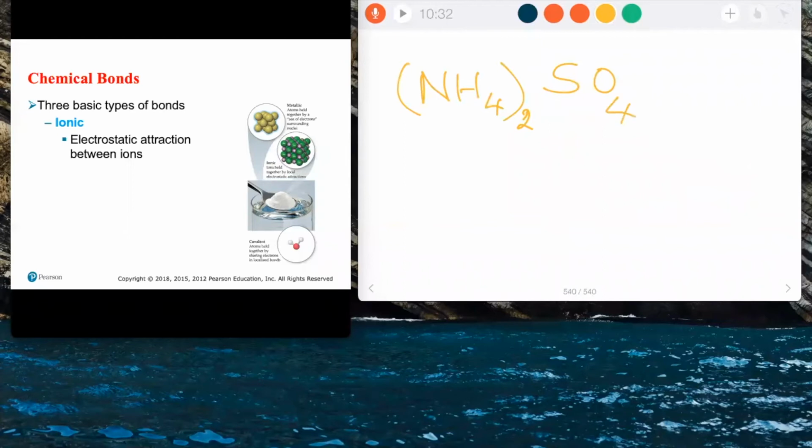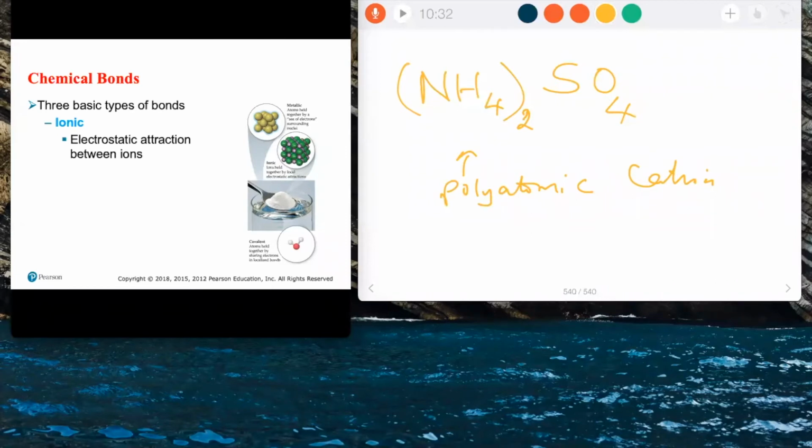This is a polyatomic cation, and the type of bond which exists in between that is ionic bond.